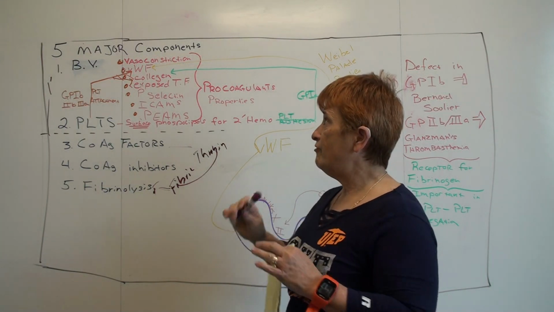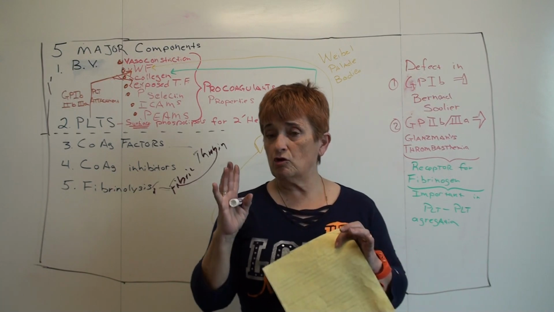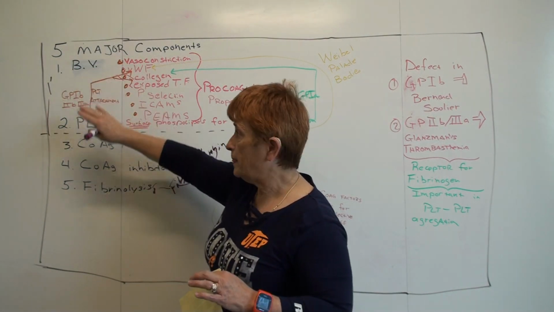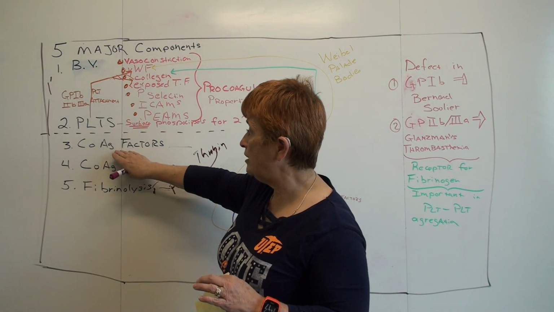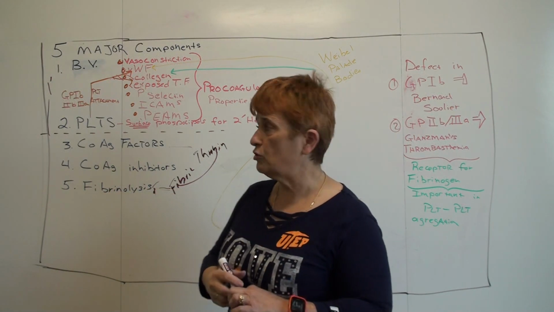So the 5 major components that you need to remember with coagulation are the blood vessels, the platelets, primary hemostasis, and then we have the coagulation factors, coagulation inhibitors, and fibrinolysis.